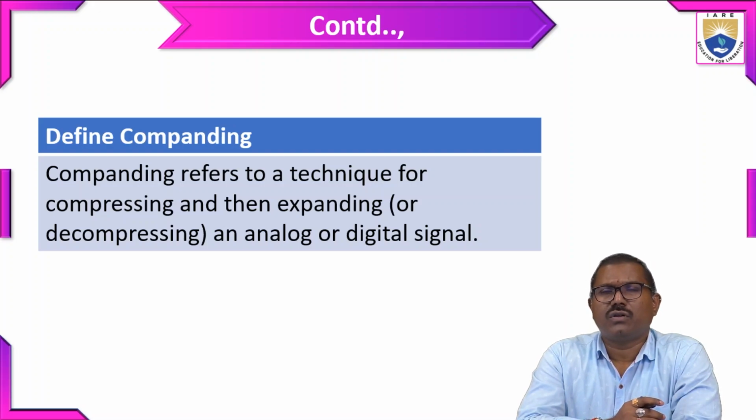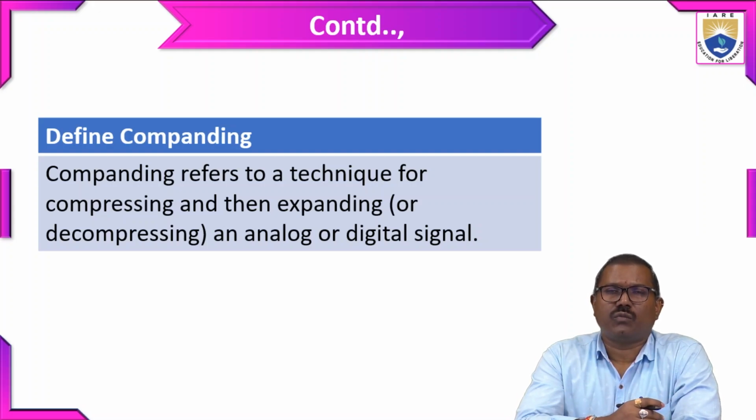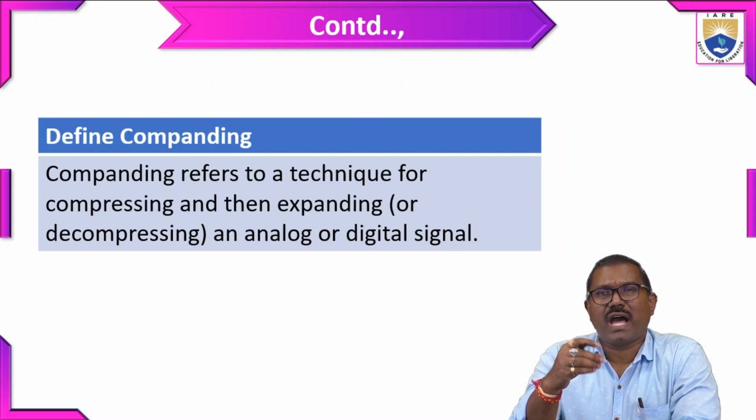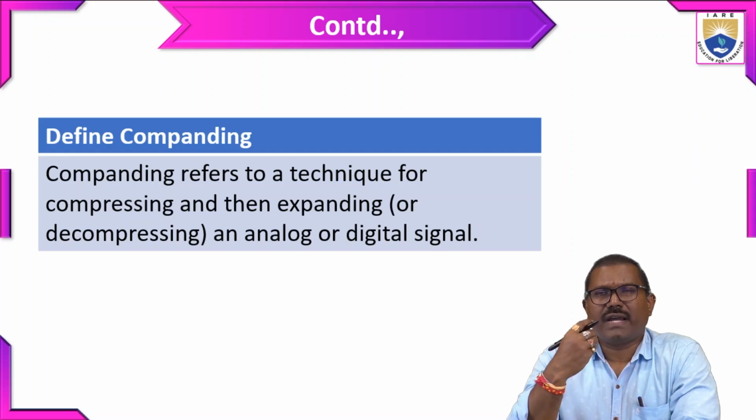For example, we are going to convert a speech signal into a digital one. The speech has some low passages and some high passages, loud passages. High passages means loud passages. Some have weak signals. So my duty is to convert all this speech into digital.